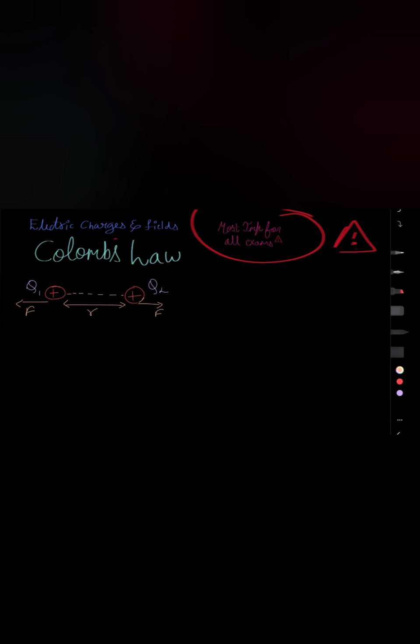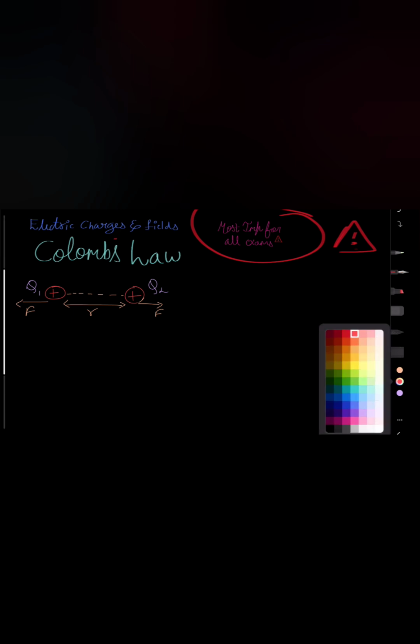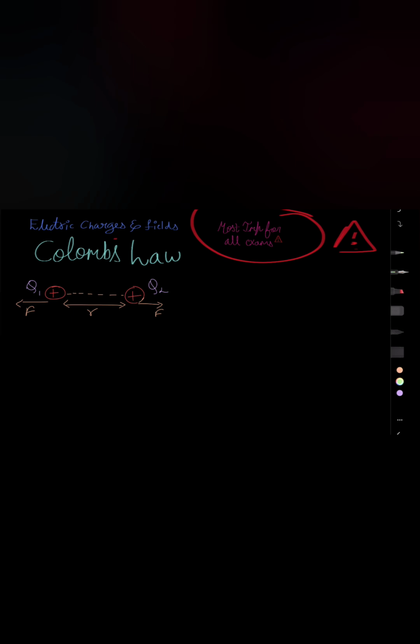So according to Coulomb's law, F, the repulsive force, is directly proportional to the product of the charges q1 and q2, and the force is also inversely proportional to the square of the distance between them.